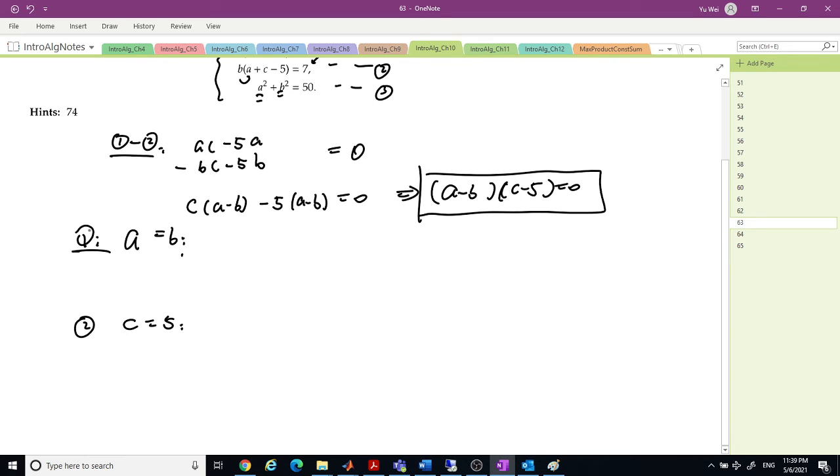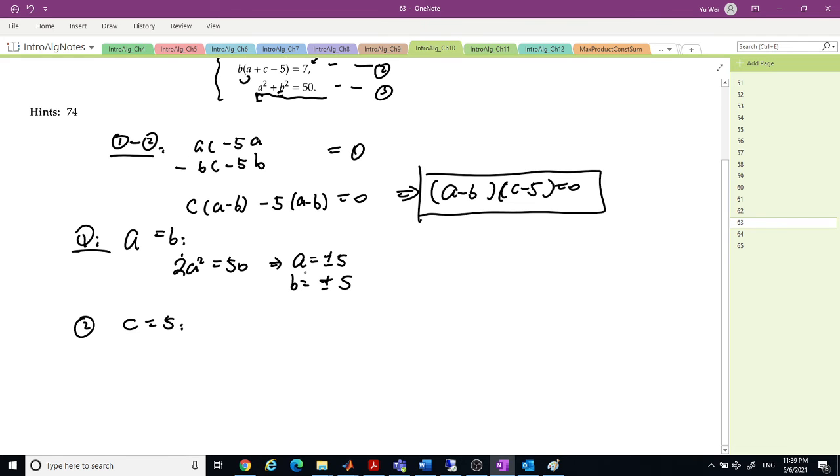Let's discuss these two cases separately. I think A equals B is easier to solve. If A equals B, then 2A squared is equal to 50. Then A equals plus or minus 5, and B equals plus or minus 5.